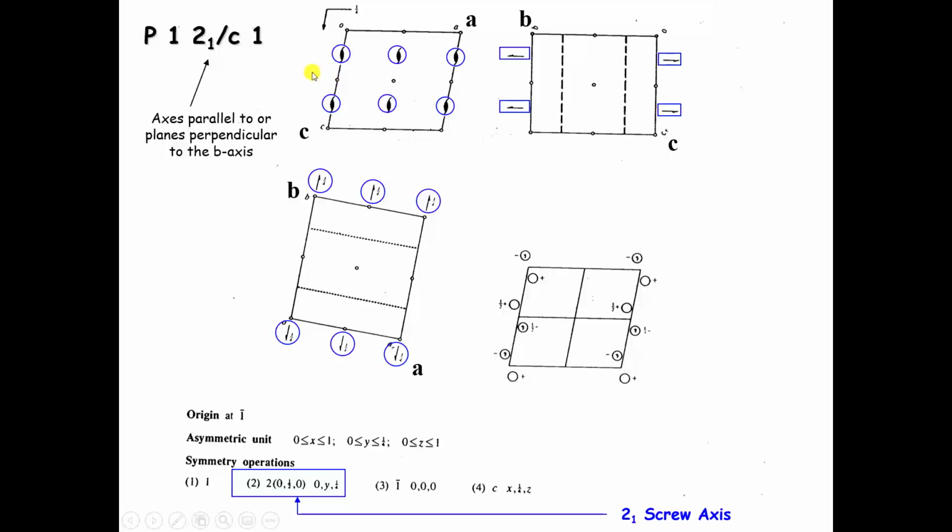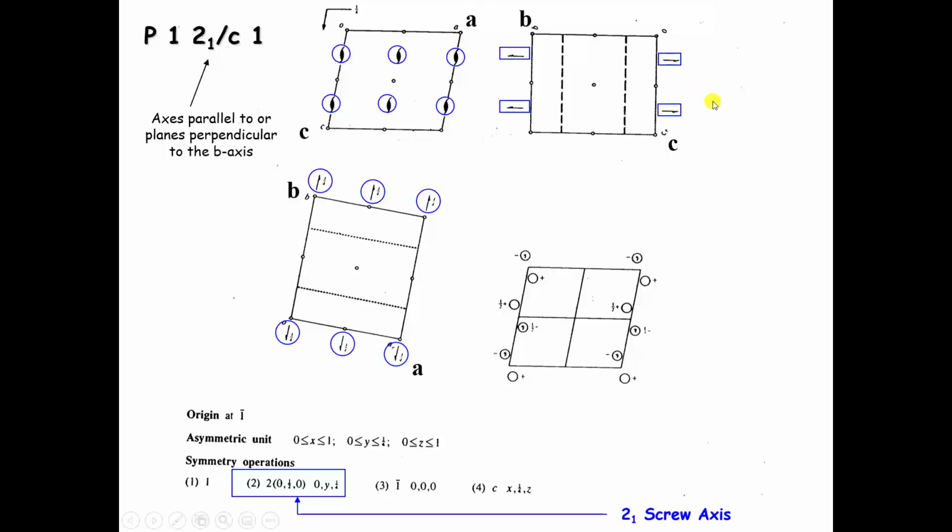And so we can see that when we look down the projection of the unit cell, we can see 6 2 sub 1 screw axes. Now, in the other projections, because the screw axis is parallel to the B lattice vector, the 2 sub 1 screw axis is lying in the plane of the projection, or maybe a little bit above or below it.